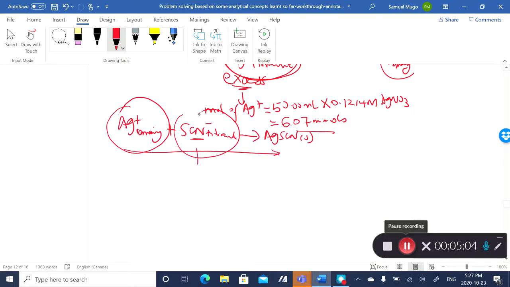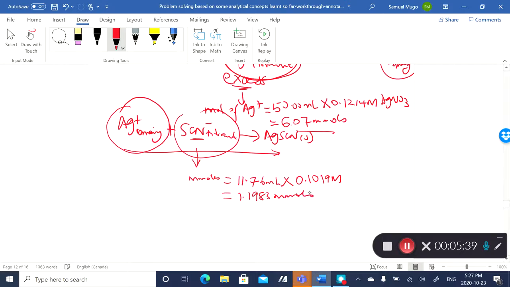In this case, I calculate the number of moles used to titrate this, which are already given up there: 11.76 mL. That's what was used. The concentration of the thiocyanate was 0.1019 molar, and when you do that, you get 1.1983 millimoles.